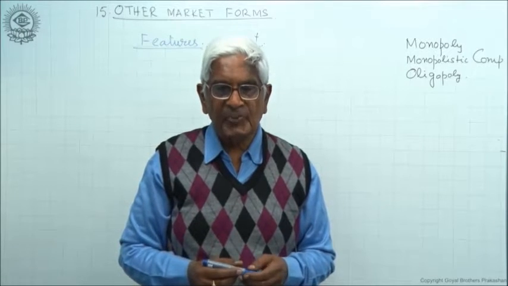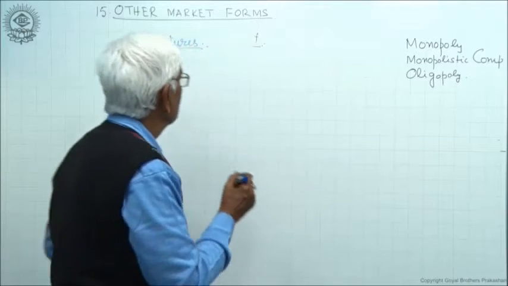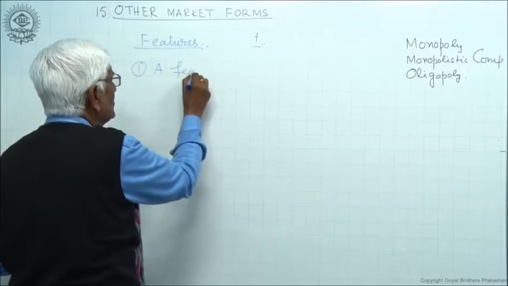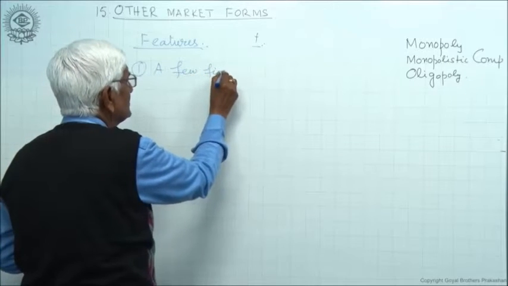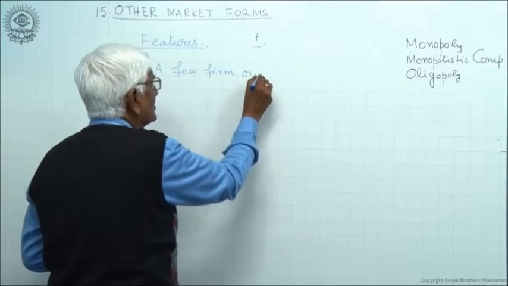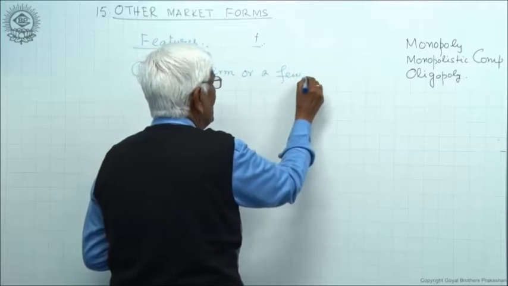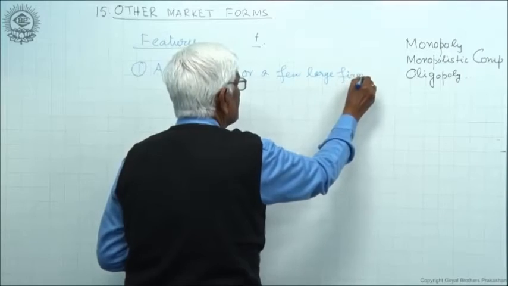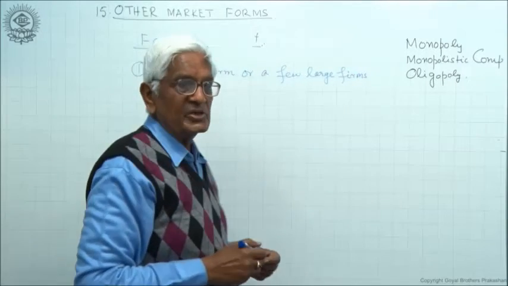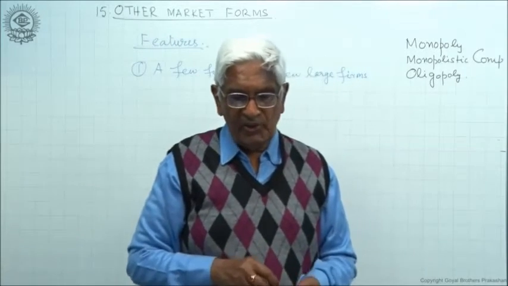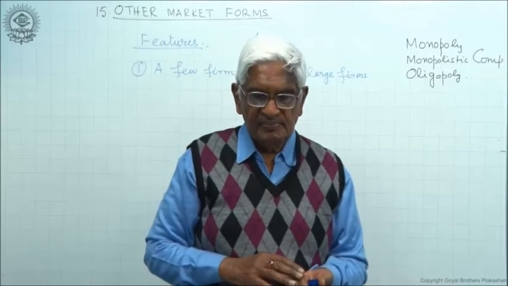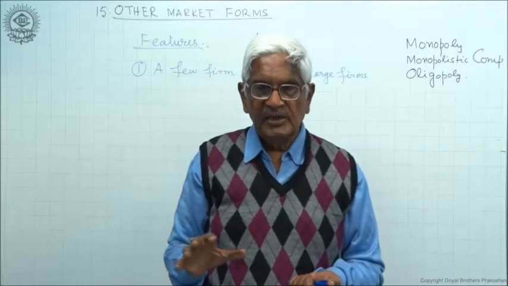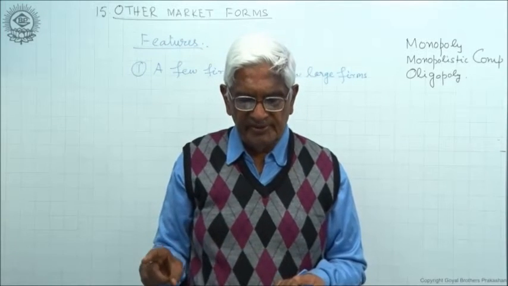One feature is incorporated in our definition, that a few firms or a few large firms. This is one feature of oligopoly. I told you how many, not defined. If there are only 2, it is called a duopoly.